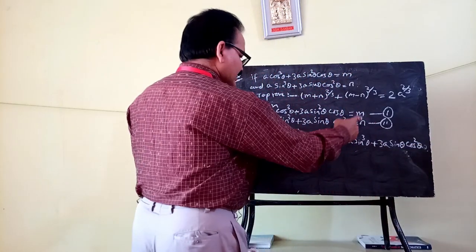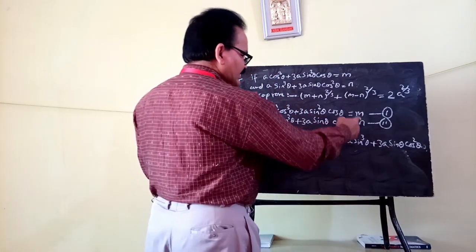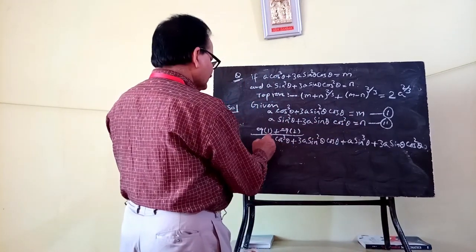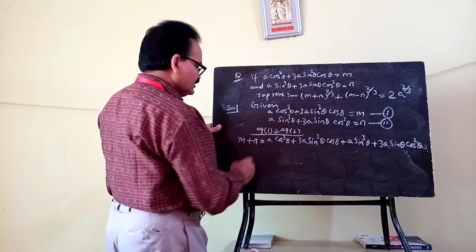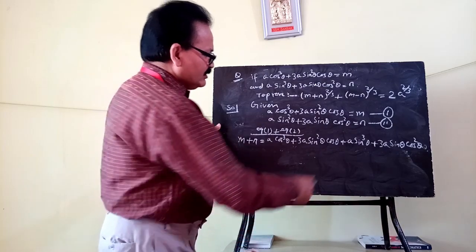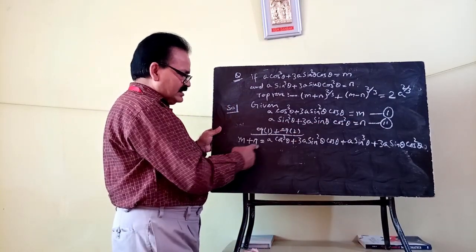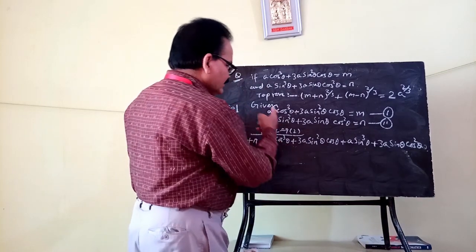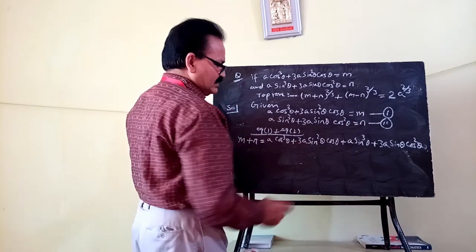And the right side is m plus n, which I have written here. All these terms are added together.